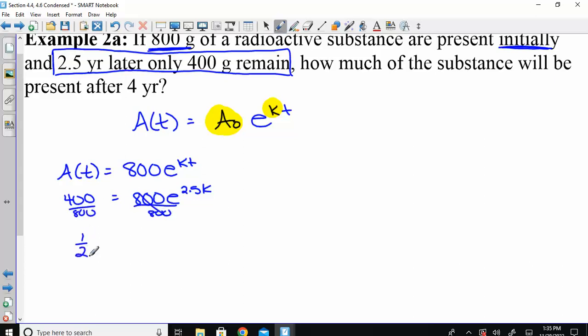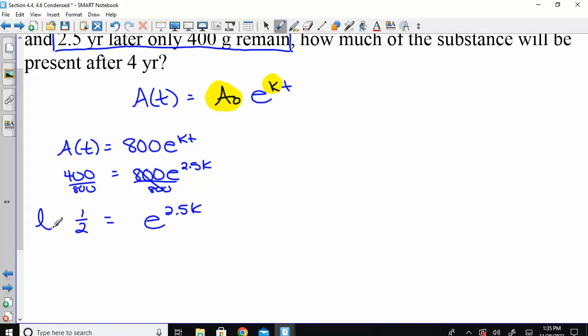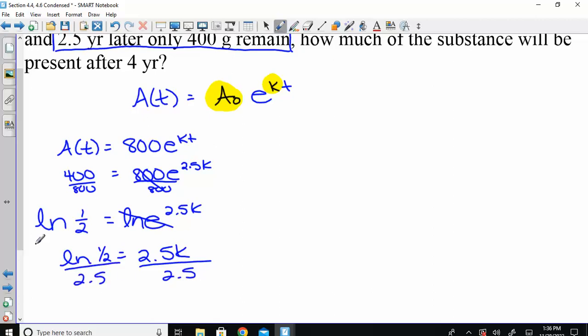So we get 1/2 equals e to the 2.5k. Remember, when we're solving these, we can add logs. When we had e, we liked natural log. So we have the natural log of 1/2 equals 2.5k. Divide by 2.5.